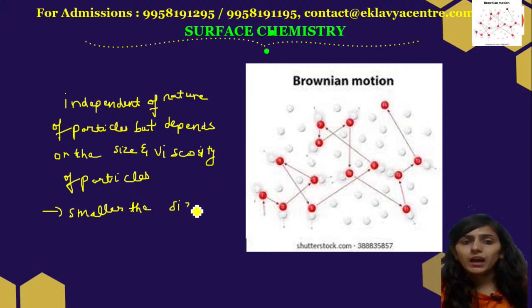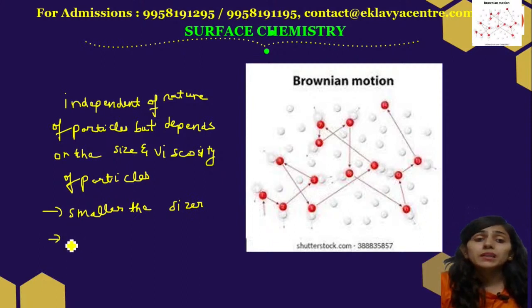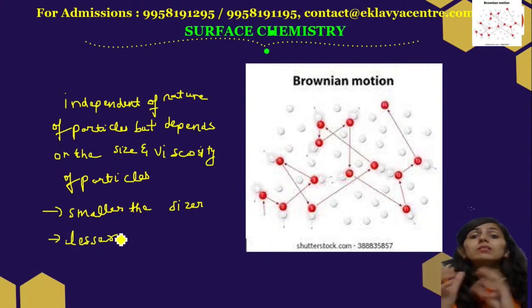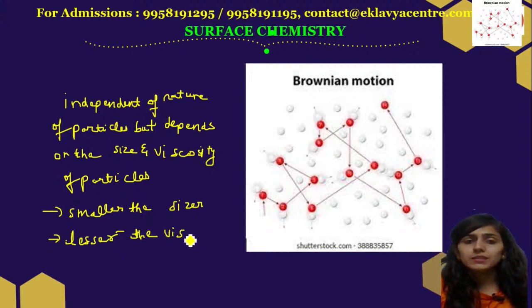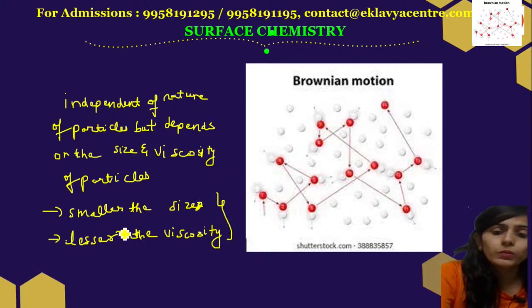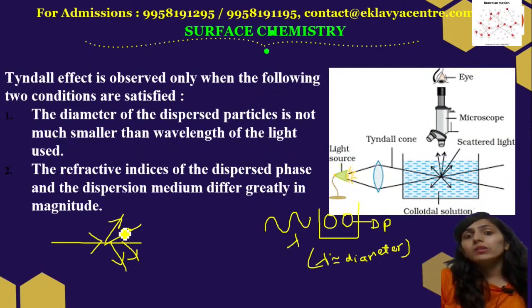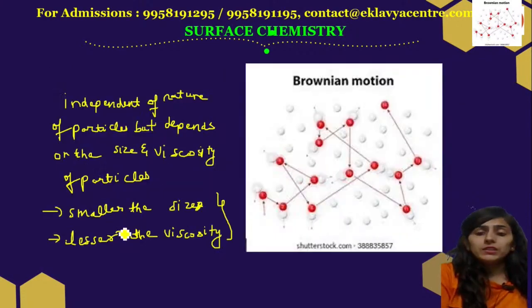Lesser viscosity means stronger movement, or more random movement. So smaller the size, lesser the viscosity, more random will be the movement. So these two factors are important for Brownian motion, and the earlier conditions are important for the Tyndall effect. I hope this video is clear to you.